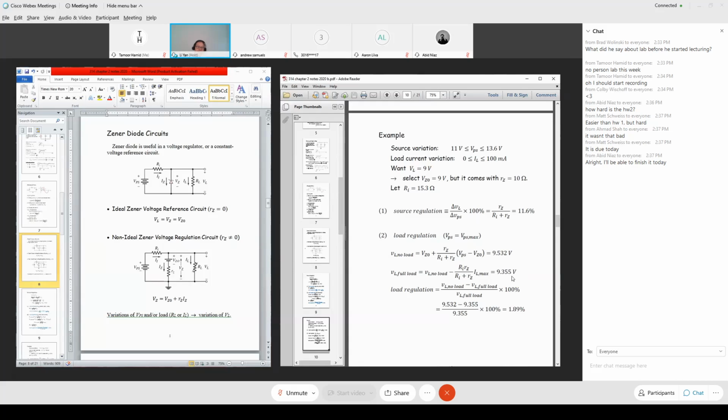You plug these two quantities into this formula to evaluate the load regulation. So it's 9.532 minus 9.355, normalized by 9.355, which gives you 1.89%. It's much better.